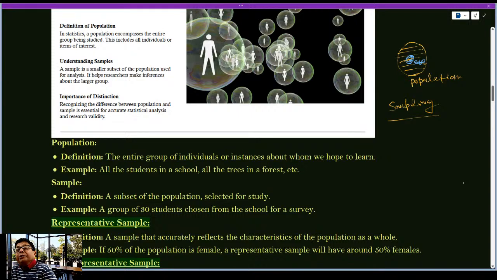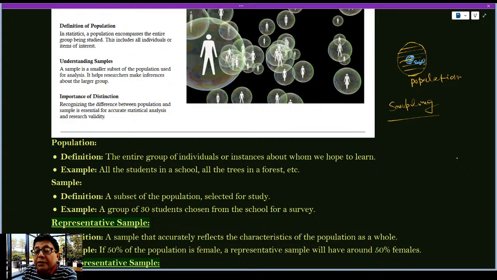But what will sampling do? Sampling as a whole will draw conclusions. This is a method actually, a conclusion about the population by studying the sample.